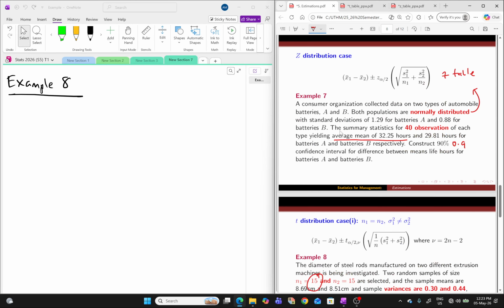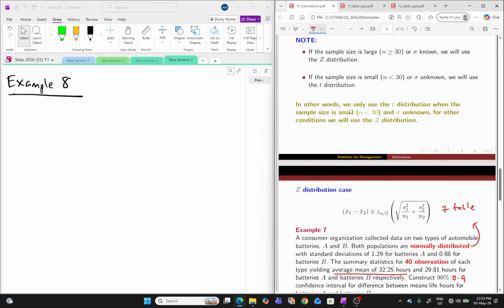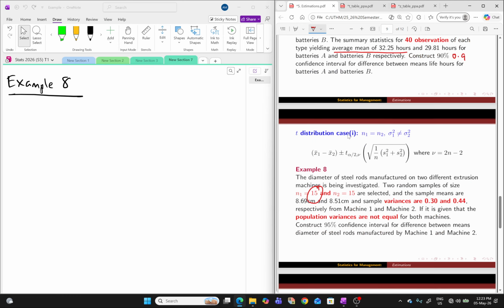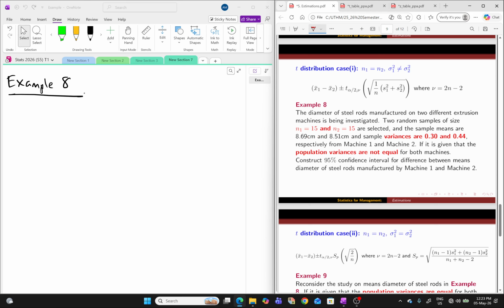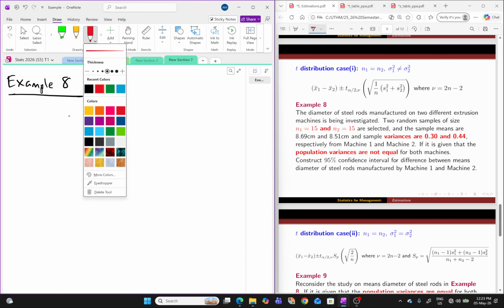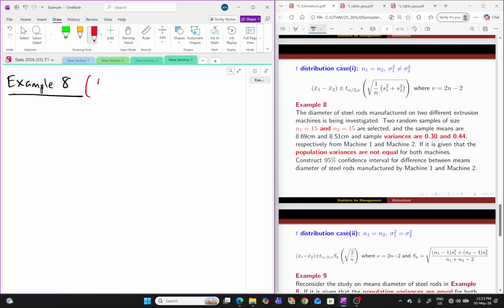Okay, dekat sini saya nak bagi tahu dah. In other words, we only use T distribution when the sample size is less than 30. So kalau less than 30 itu, kita gunakan T distribution. T table.